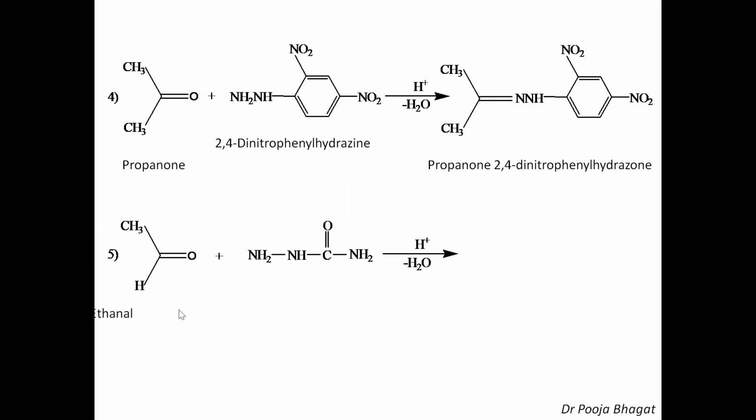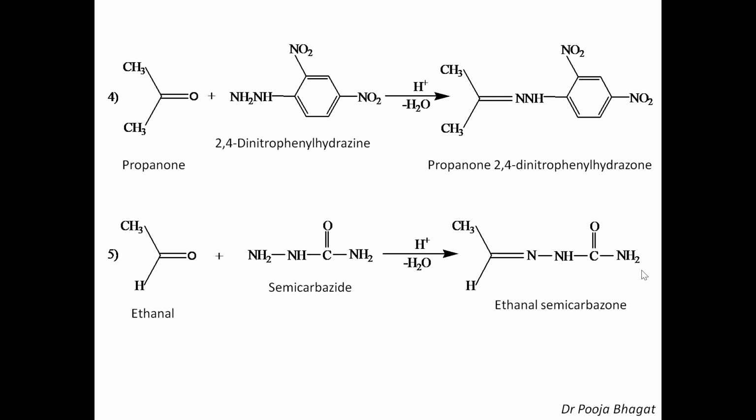This compound is ethanol. This compound is semicarbazide. What will be the product? Now which of the three will participate? This one. What will be the product? This. What is the name of the compound? Ethanol semicarbazone.